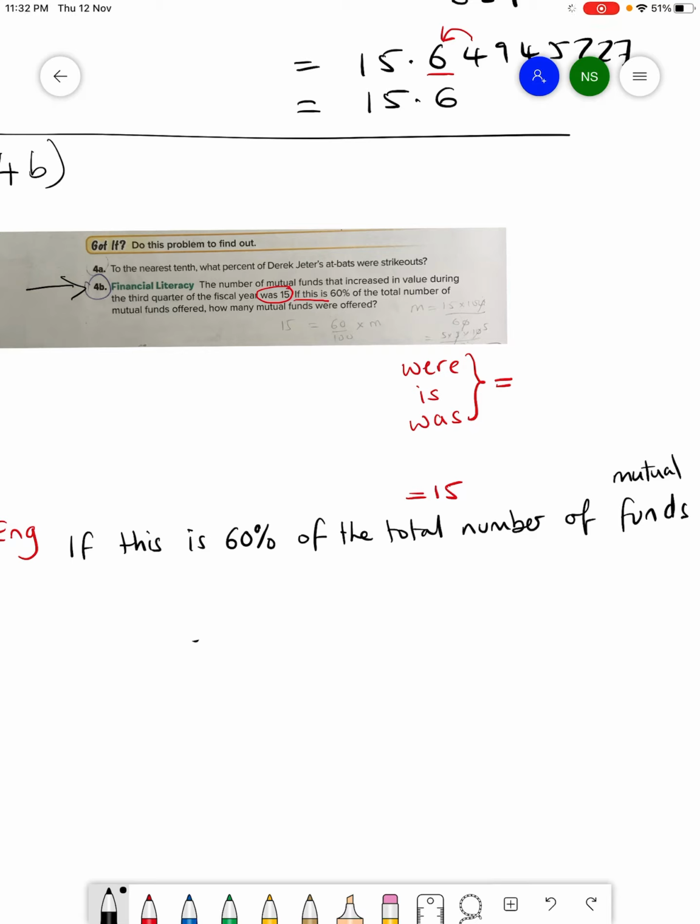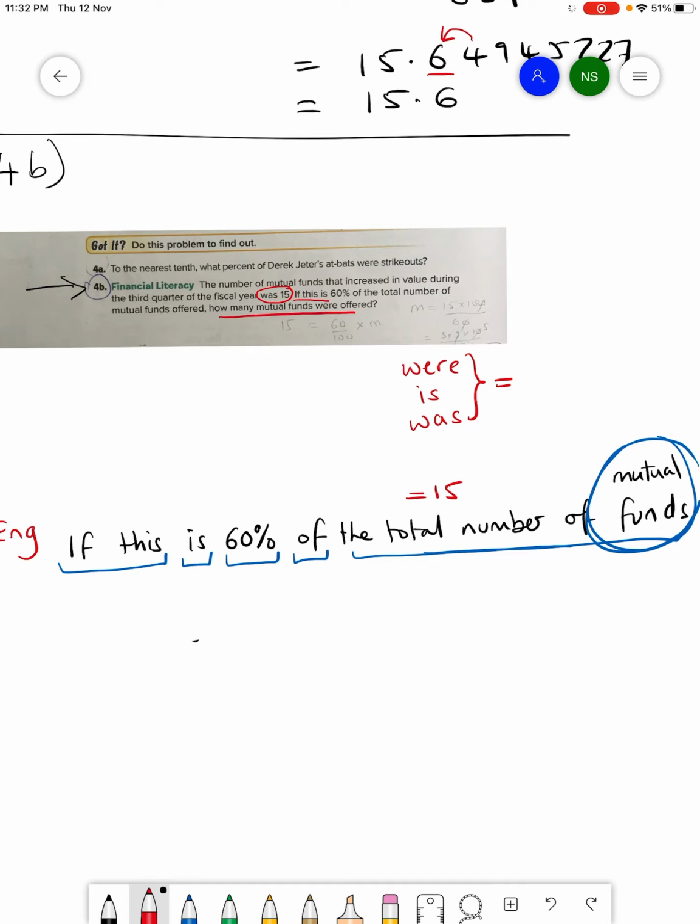So basically they're asking us to find the total number of mutual funds. If this then is 60% of the total number of mutual funds. And we're trying to find this number here, the mutual funds. That's our question mark, because the question said, how many mutual funds were offered? You want to find this number here, the number of mutual funds.